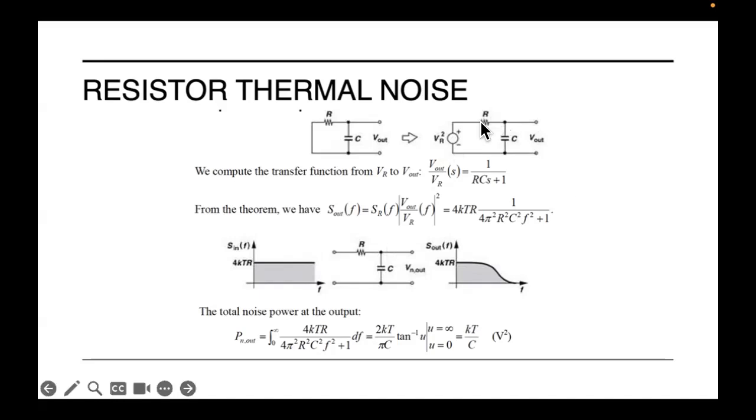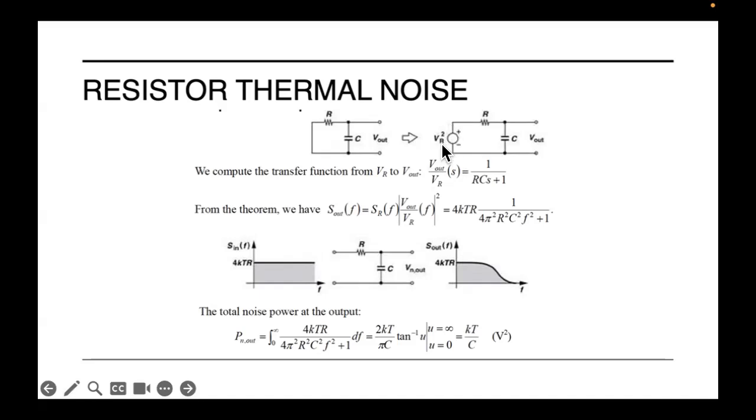And now we deal with this process as a frequency process. So we have the PSD for this VR squared. The PSD for this VR squared is simply, as you already know, 4kTR, which I think we already mentioned in the previous part, as you can see.